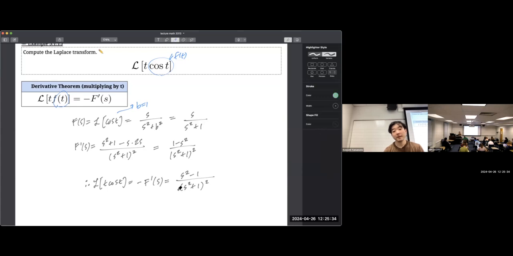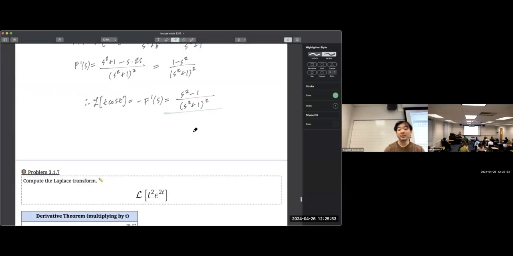That's it. So we're able to compute a lot of these Laplace transforms. Anytime you have a multiplication by e to the ct, and anytime you have a multiplication by t of something you already know the Laplace transform of, you can do it now because you have these two theorems. All right, let's keep going.